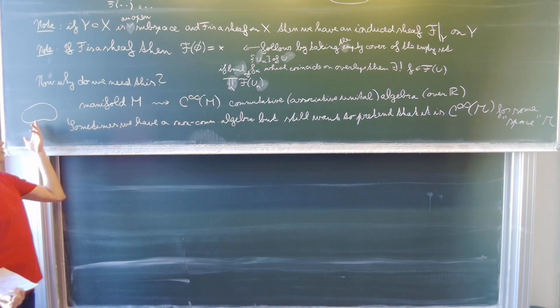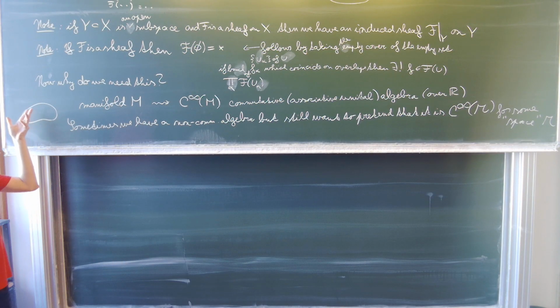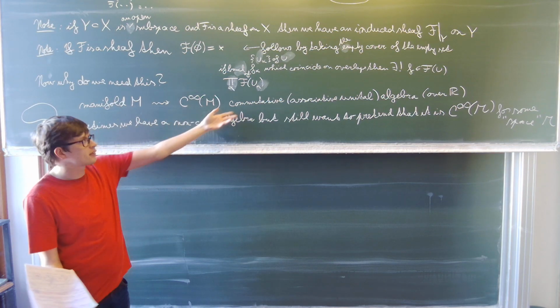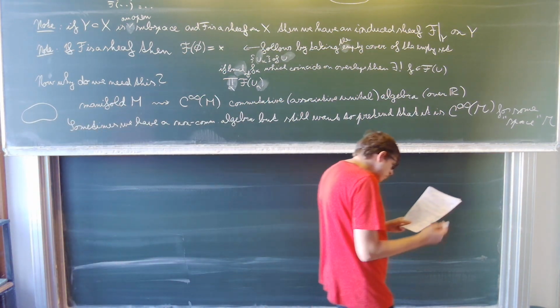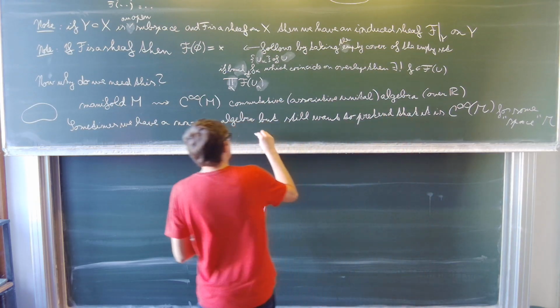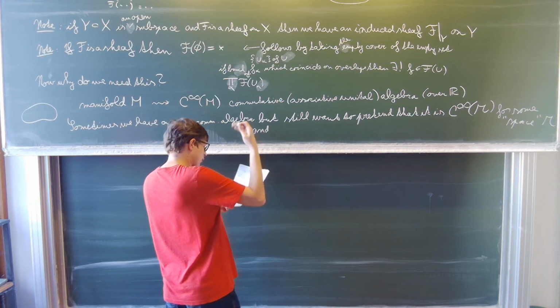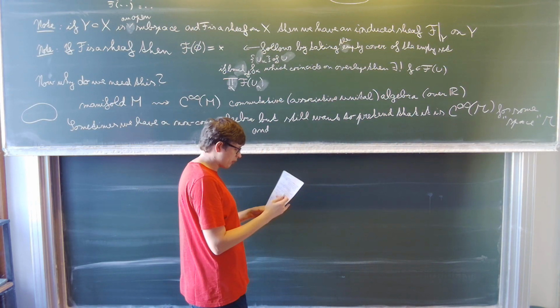It doesn't correspond to a topological space or a set in this sense, because functions would then be commutative. But sometimes it's convenient to do that. That's one example of why we want to do that.